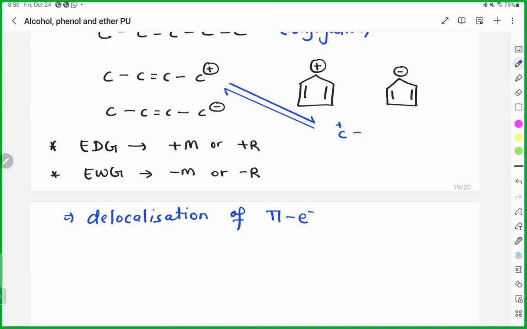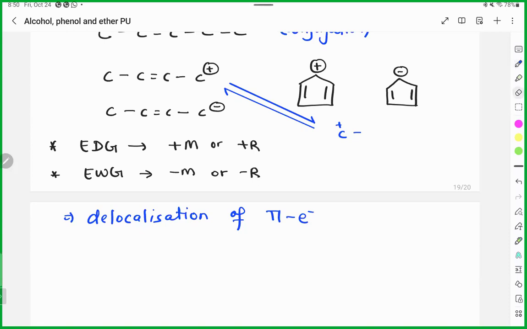Did I make a mistake in this, Samarth? The electron won't travel from one edge to the other, I think. Sir, I mean, the plus charge won't go from one edge to the other.